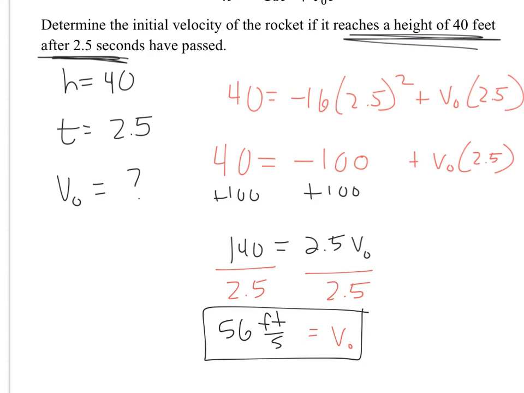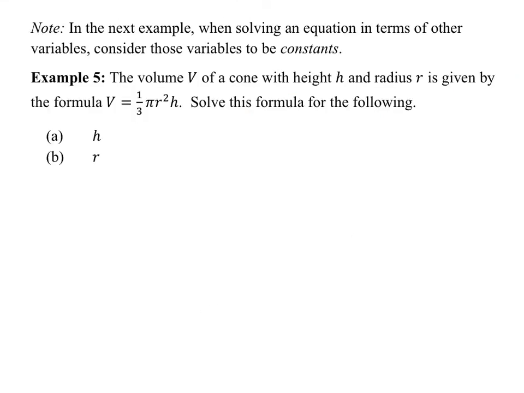So instead of plugging in 40 and 2.5, we could have solved for v0 in terms of h and t. So let's do that in the next example. Take a look here. And that's what I wrote in the note at the top right there. When you're solving an equation in terms of other variables, consider those other variables to be constants. The last one was 56 feet per second.